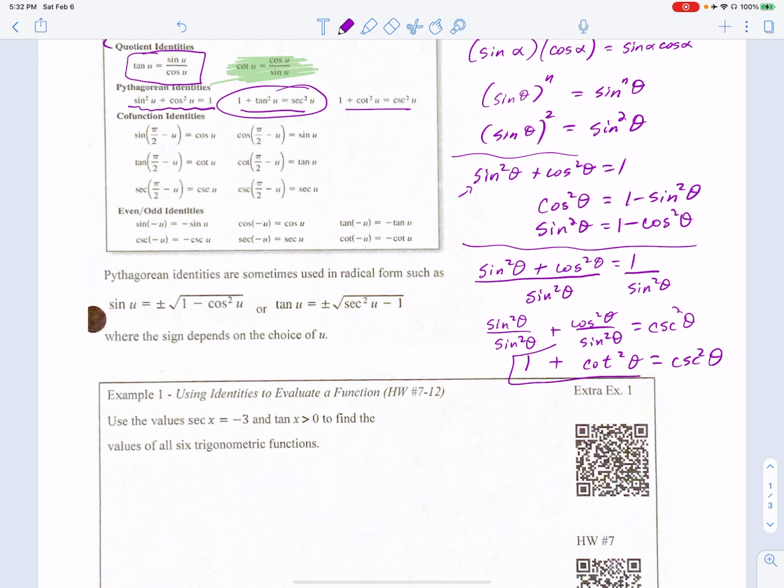I'm getting 1 plus cotangent squared is cosecant squared. So actually, I guess I got this one first.